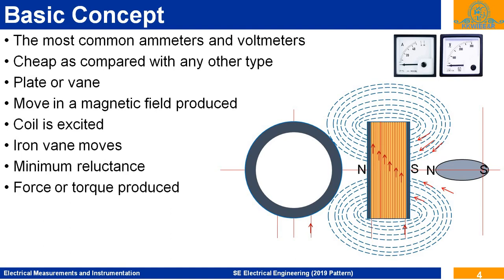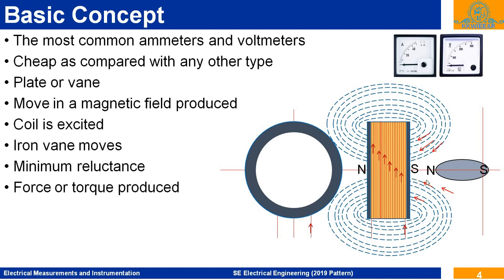Because of the south pole of this stationary coil or magnetic field, and the north pole on the soft iron piece, they will attract each other. This soft iron piece will try to move toward this magnetic field, or it will try to move in the lower reluctance path, or follow the minimum reluctance path.